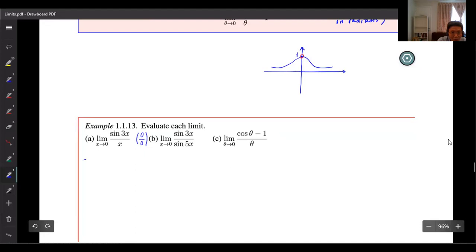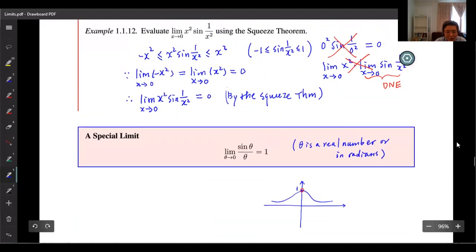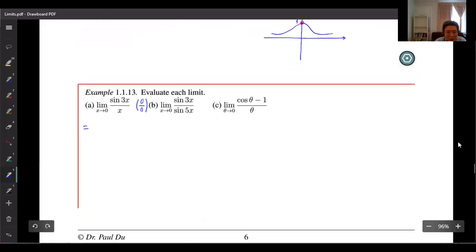In this case, we can use what? We can use this basic formula, the basic limit. How? We are going to introduce a very important methodology in math, in algebra and calculus, which is called substitution or change of variable.